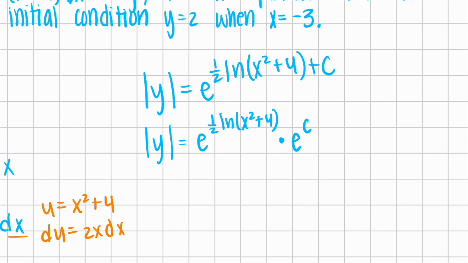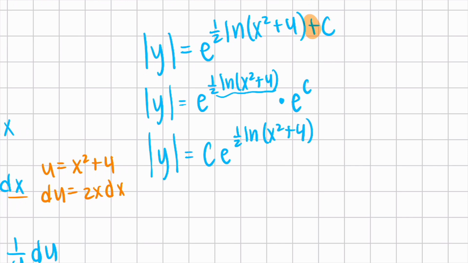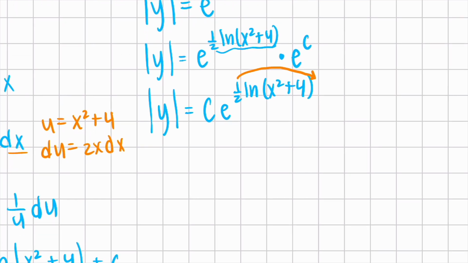So if I wanted to go backwards, I would have that plus in between. Now, e raised to some constant is just some constant. So I'm going to say we have e to this exponent times some constant, and I'm just going to move the constant out front. Next, I'm going to use my power rule for logarithms, and I'm going to move my 1/2 up to be an exponent.